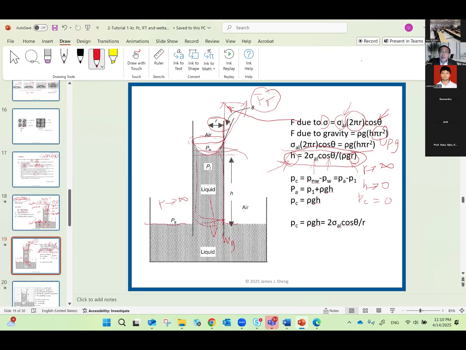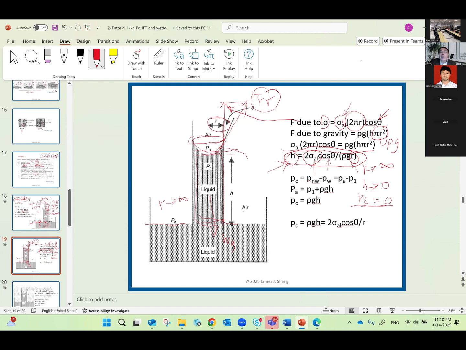Since H is 0, capillary pressure is 0. So at the flat surface there is no capillary pressure. I'm sorry, not no interfacial tension, no capillary pressure, but there is still interfacial tension there.